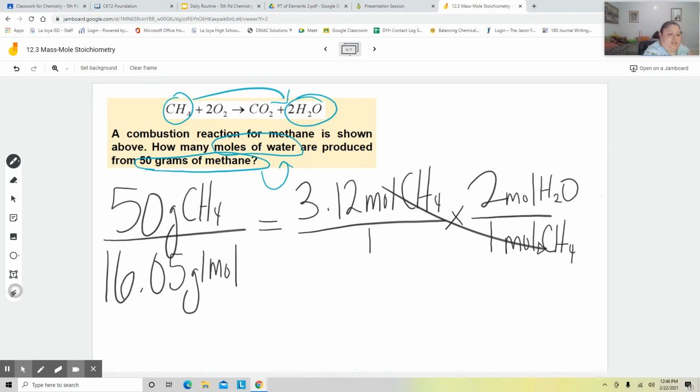So now the only thing left to do is to multiply. Always remember, multiply the top first, then divide it by the bottom, but the bottom is a 1, so you don't really have to do that. So what's 3.12 times 2?